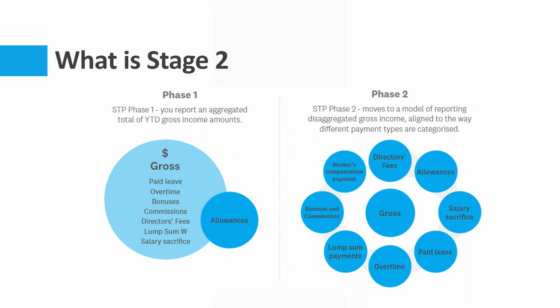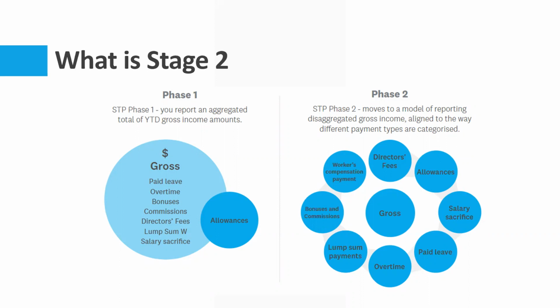Gross amounts for each income type will need to be reported as an individual itemised amount. This ensures that the data can be easily understood by different government departments. For example, Services Australia, they will use different itemised amounts to support their calculations of welfare benefits provided to recipients.